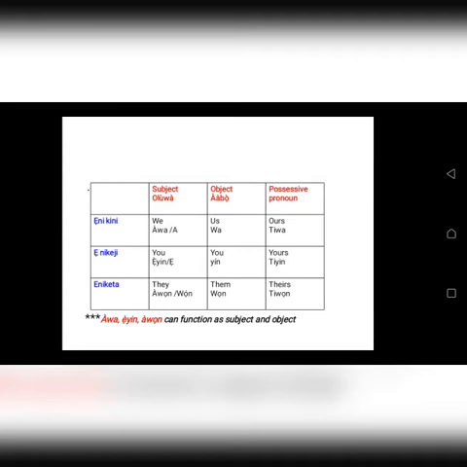Anyways, you can see the table. This table is showing us the subject, the object, and possessive pronoun. First plural, second plural, and third plural. Now, subject means Olúwa.